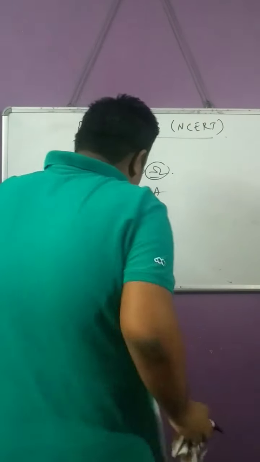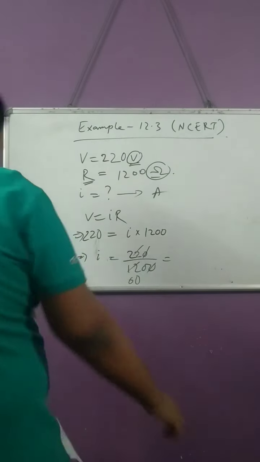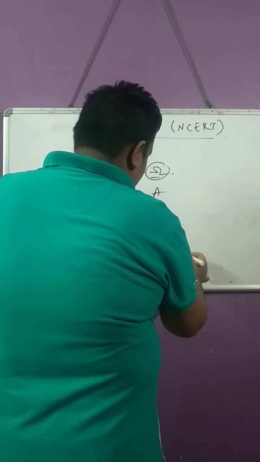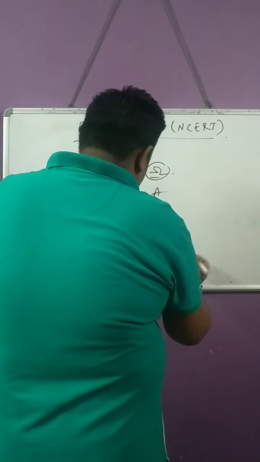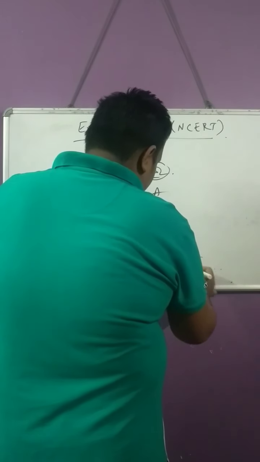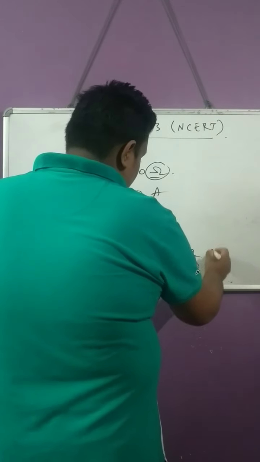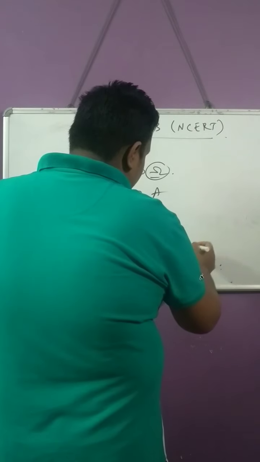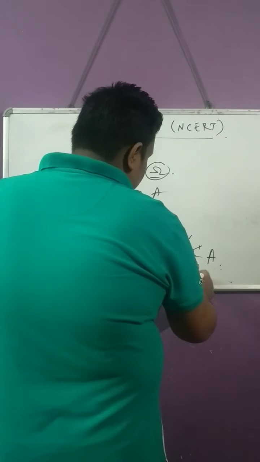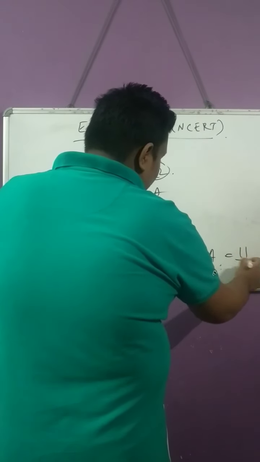It will be 220 by 1200. This will be the answer, not 1 by 60. You can further cancel it by 20, giving 11 by 60.